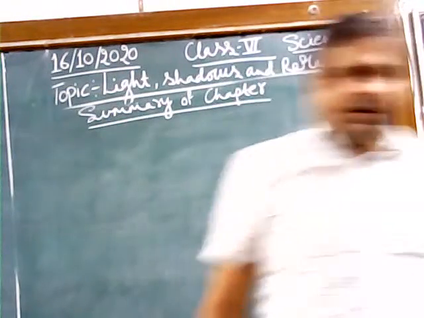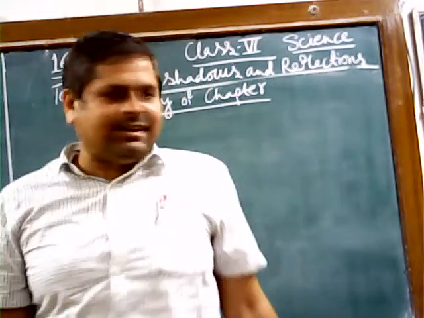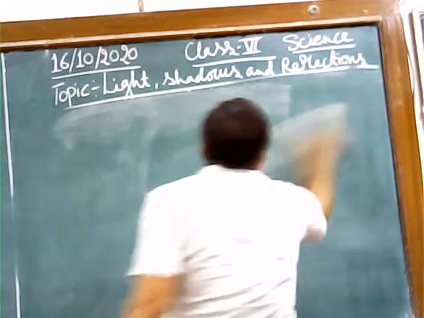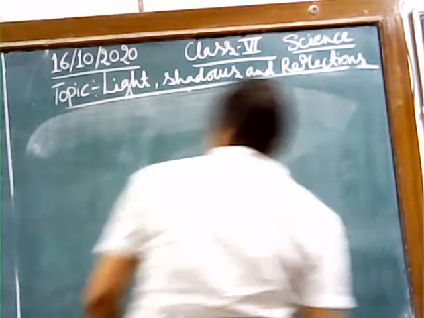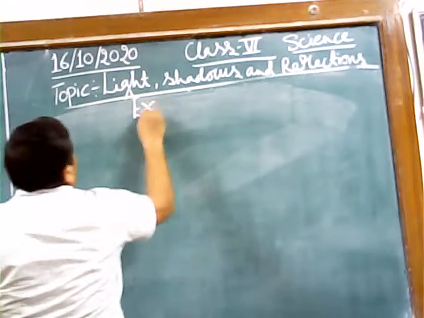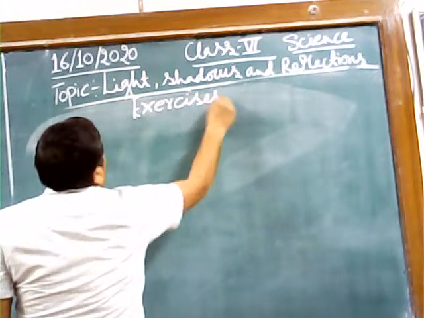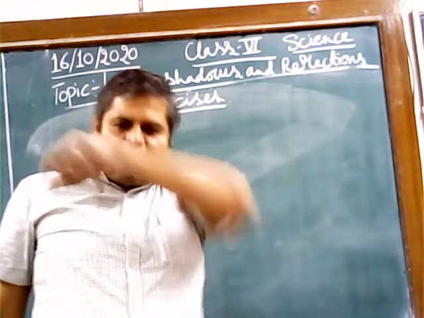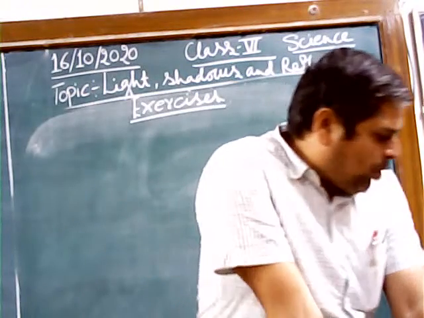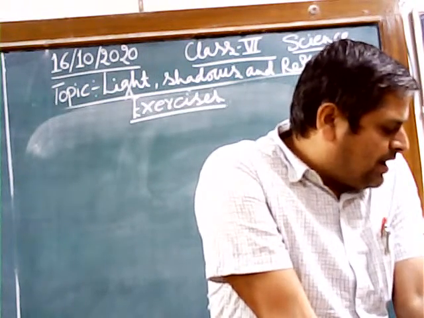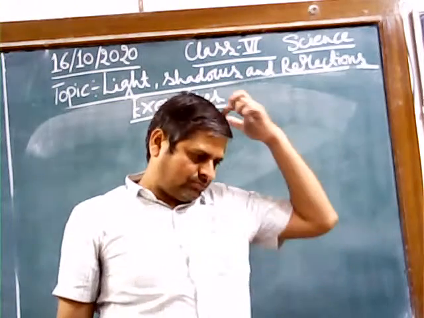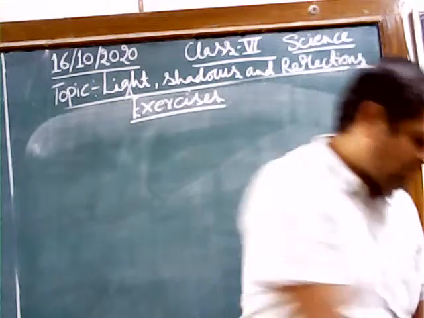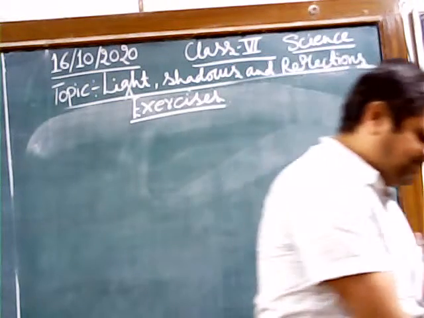Okay, now can you do the exercise? Let us see the exercise of the chapter. Exercises. Rearrange the boxes given below to make a sentence that helps us understand opaque objects. Let us do first question. इसको कैसे अरेंज करोगे?